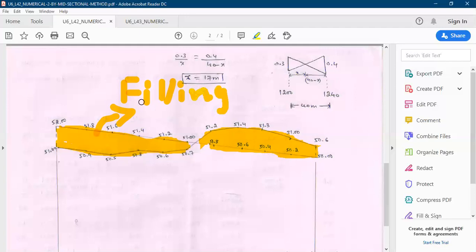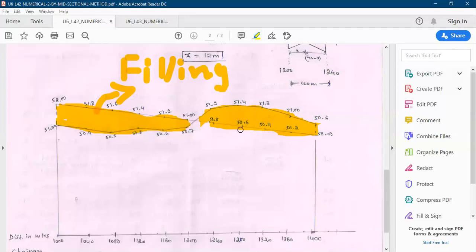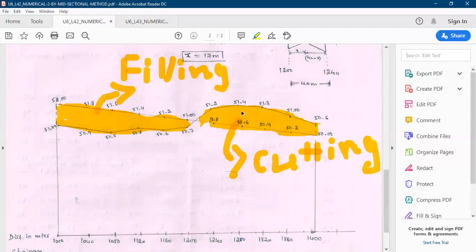Right, this portion has to be filled, and here we have to do the cutting. In all this portion you have to do the cutting, in all this portion you have to do the filling.